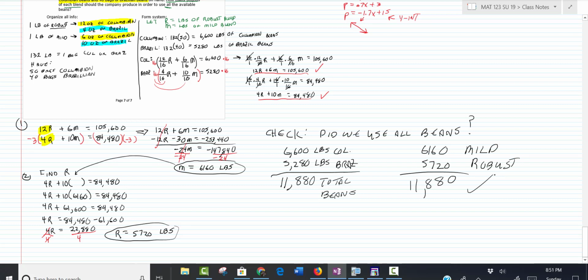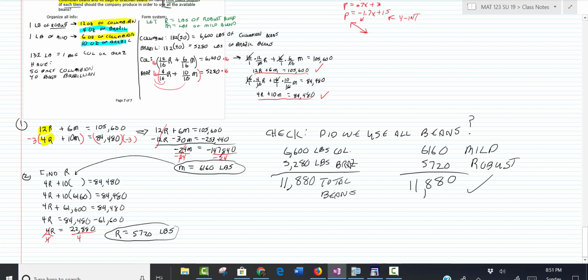Okay, so that's just one thing I wanted to show you. And you can also check by plugging into this system of equations. So you could take 12 times 5,720 plus 6 times 6,160 and see if it's that number, just plugging it into this system. All right, that's a really difficult problem to put together, I think.